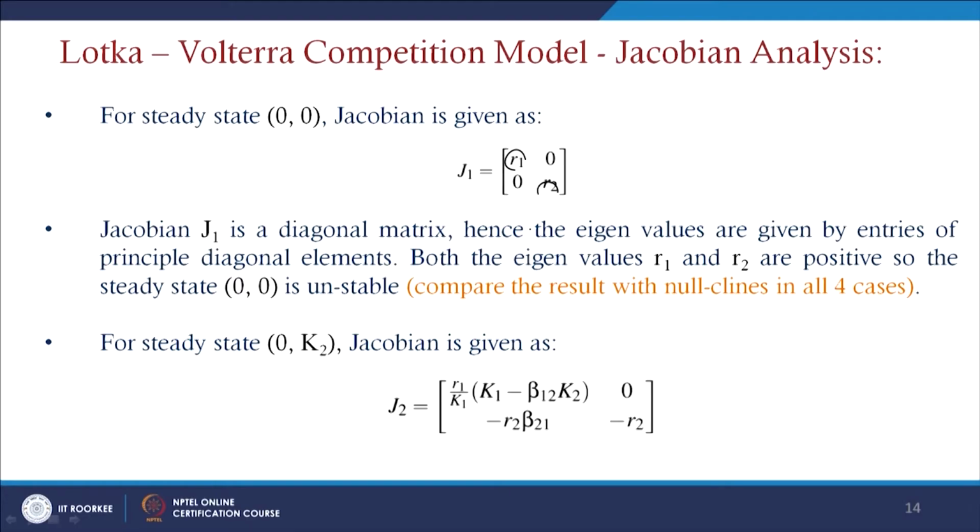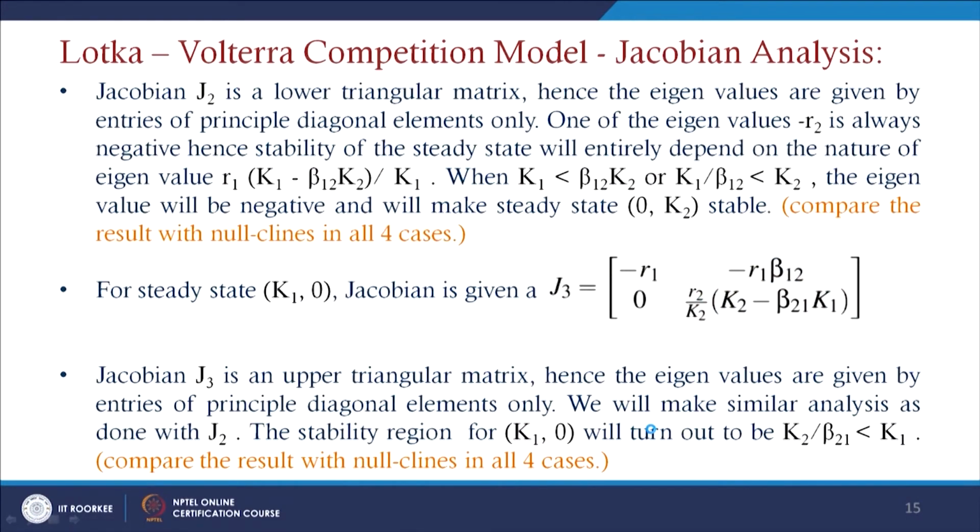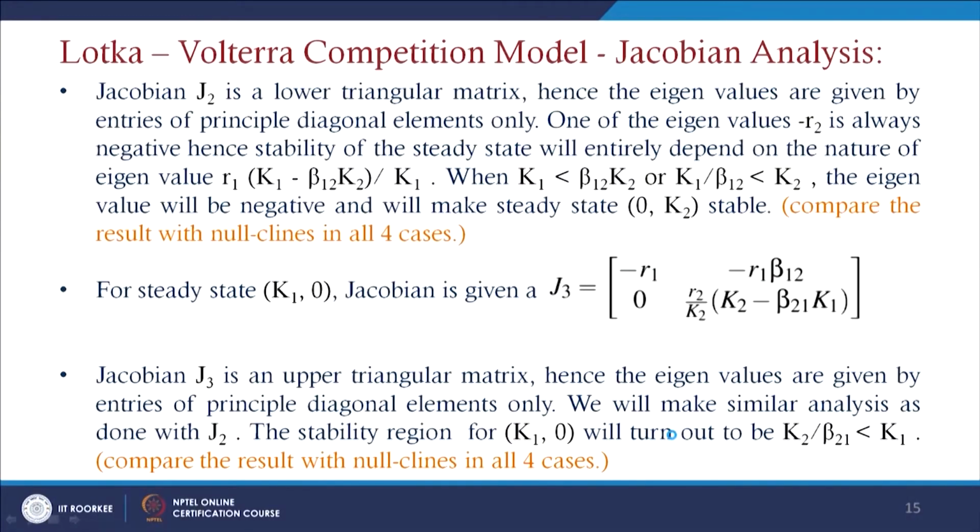We can compare this result with the null lines in all the 4 cases. For steady state 0 k2, the Jacobian matrix is given by these values. If we directly put n1 equal to 0 and n2 equal to k2, we obtain this Jacobian. In the eigenvalue analysis of this Lotka Volterra competition model, Jacobian J2 is a lower triangular matrix, so the diagonal entries are the eigenvalues.